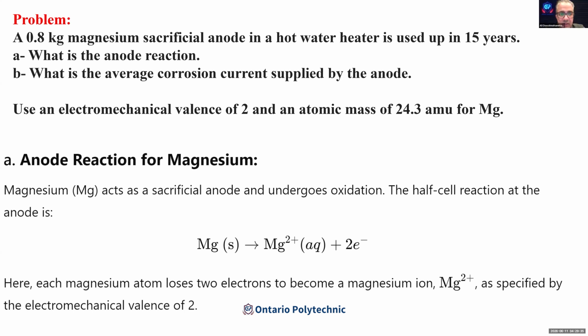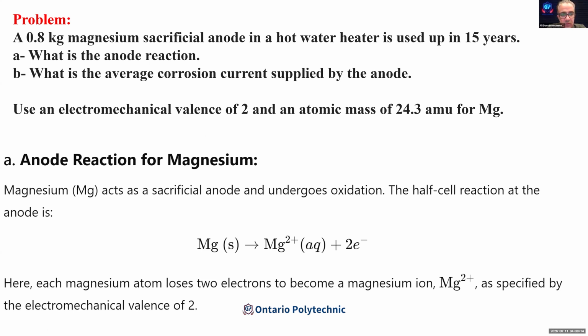The anode reaction for magnesium, which is a sacrificial anode and undergoes oxidation, is the half-cell reaction at the anode. Pure magnesium, Mg, is undergoing oxidation or corrosion, and from the question we know that the valence is 2, so Mg is converting to Mg2 plus plus 2 electrons.